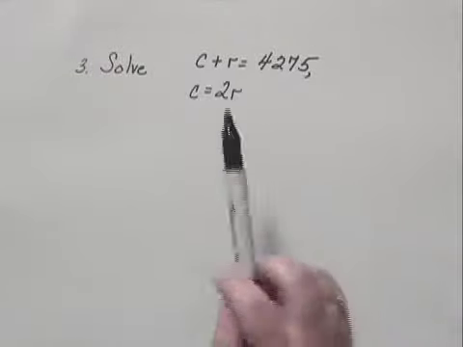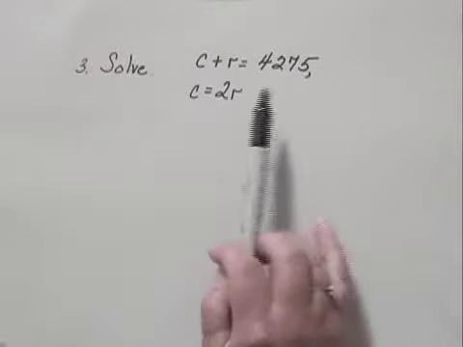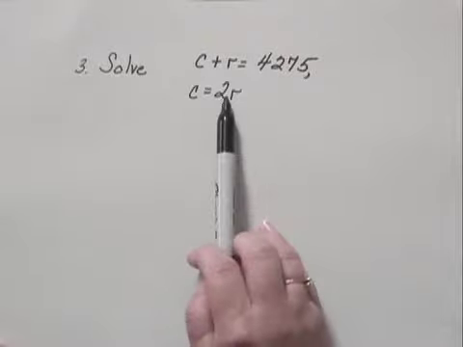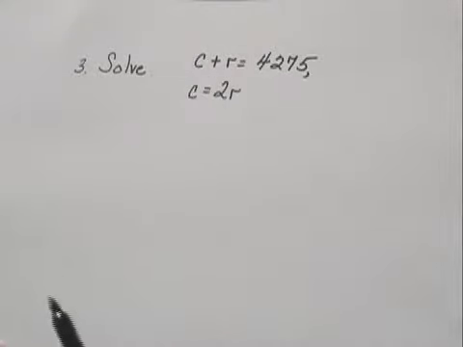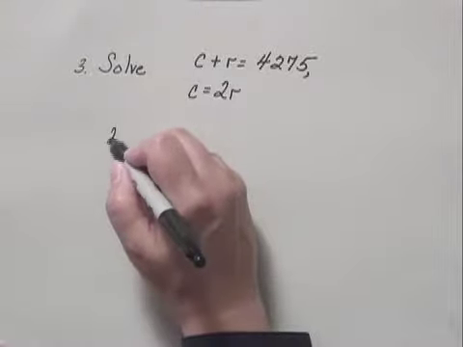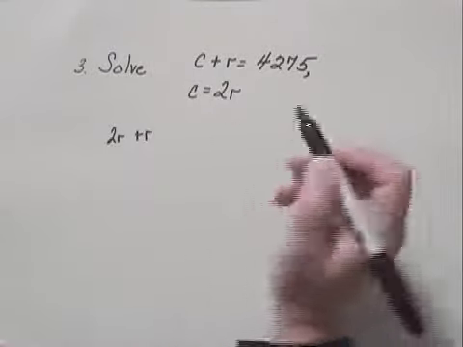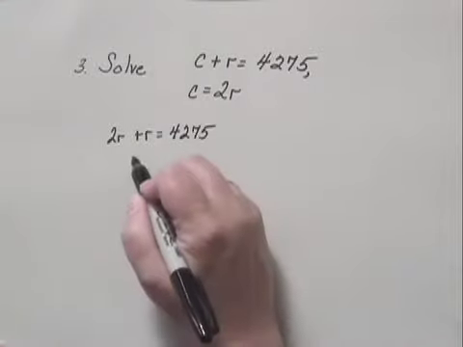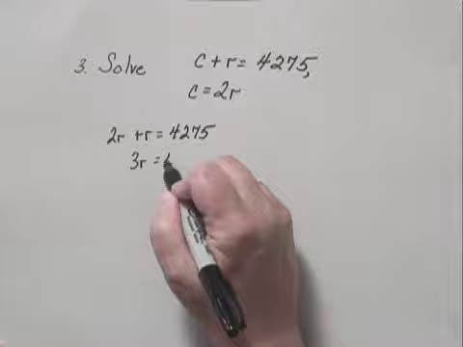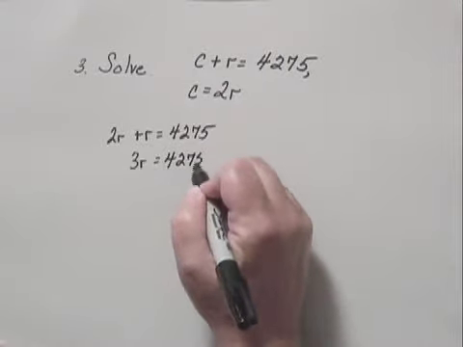So we'll use substitution since C is written in terms of R here. C equals 2R. I will substitute 2R for C in my first equation. That gives me 2R plus R equals 4,275, or 3R equals 4,275.